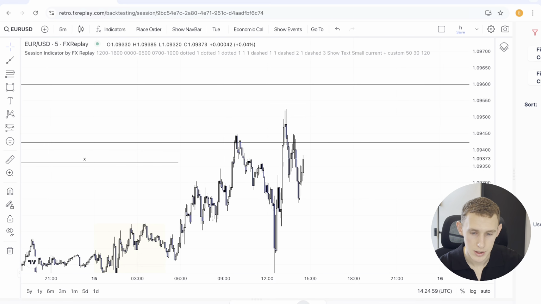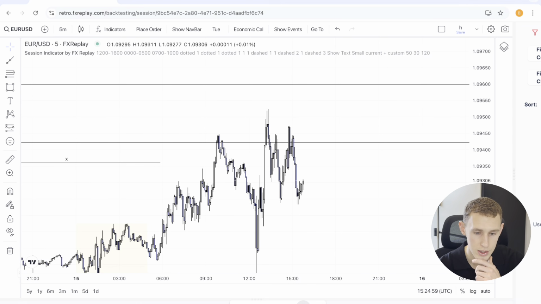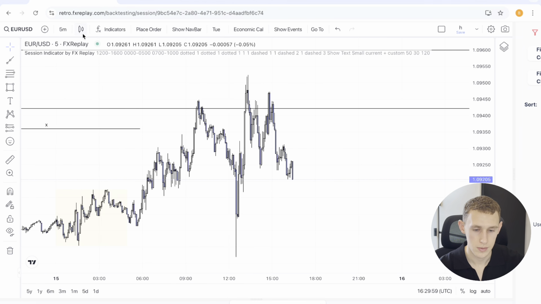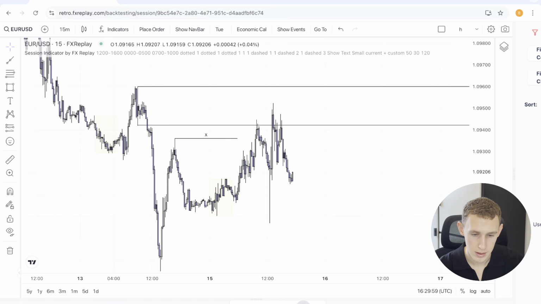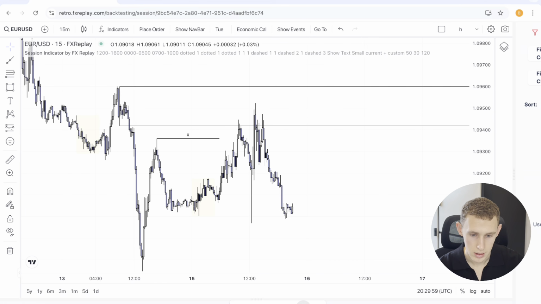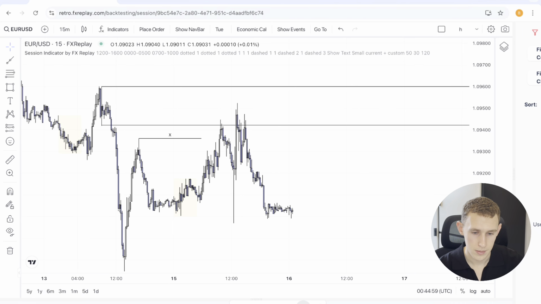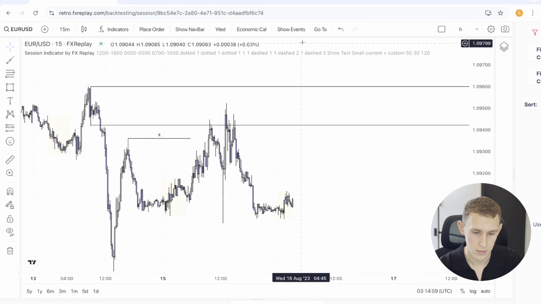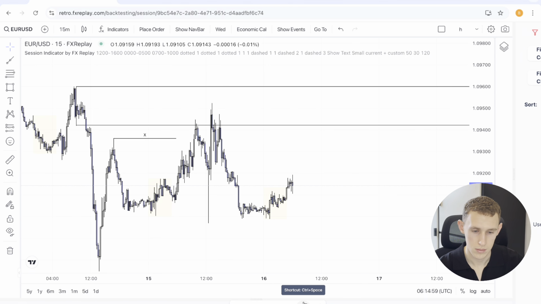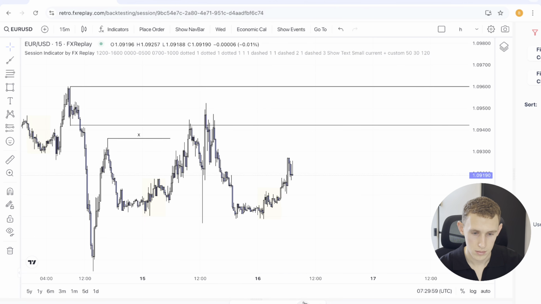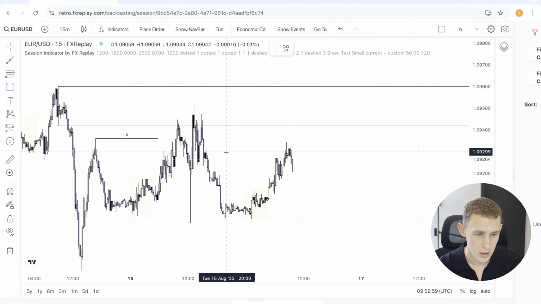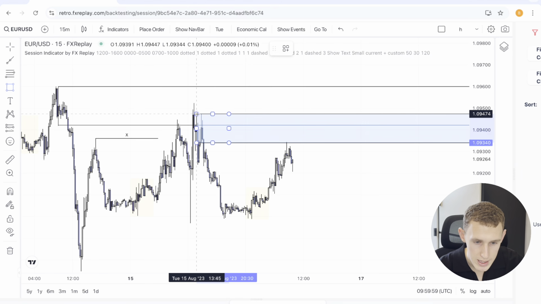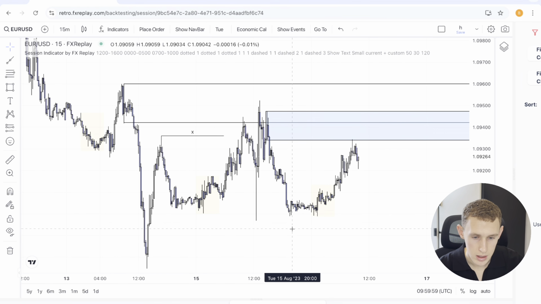It's still in the supply though, so if we get a valid break of structure here, I'll still consider entering. Yeah, so currently I would need to see it break this wick. That's the most recent structure. If we see a confirmation from this area, I'd be happy to enter to target these equal lows down here.